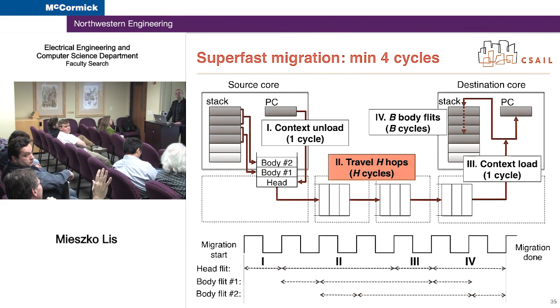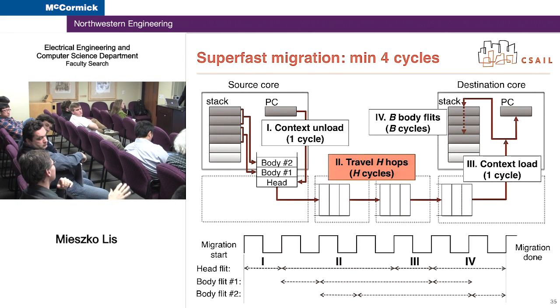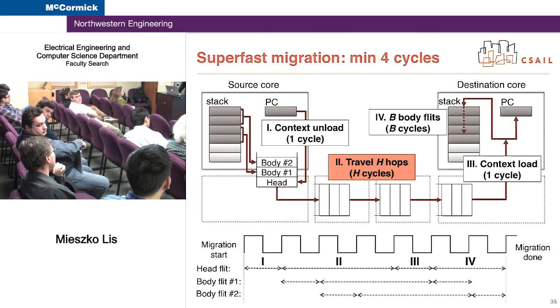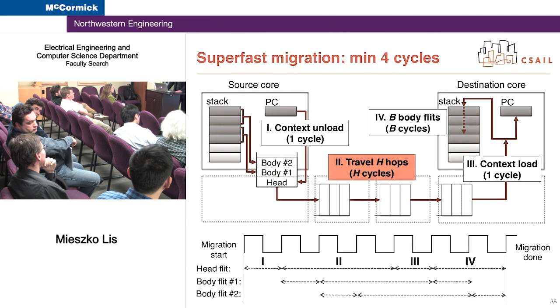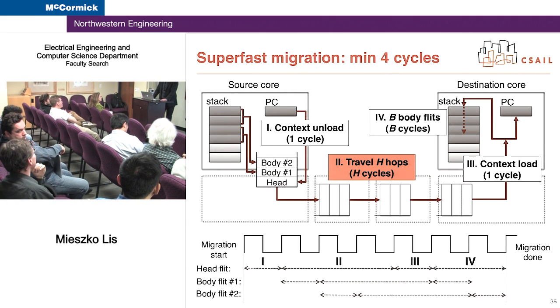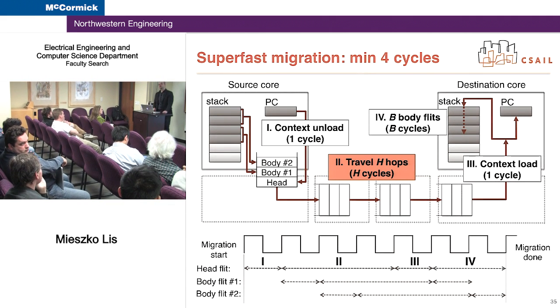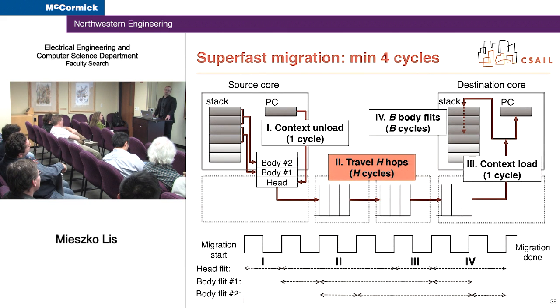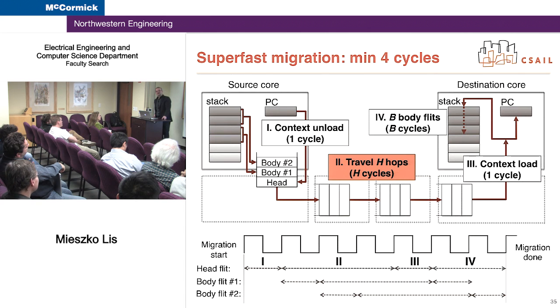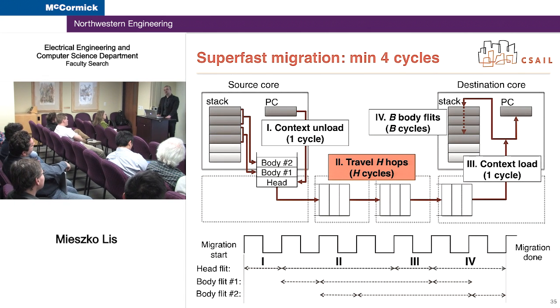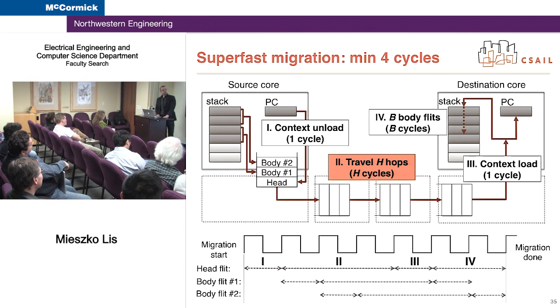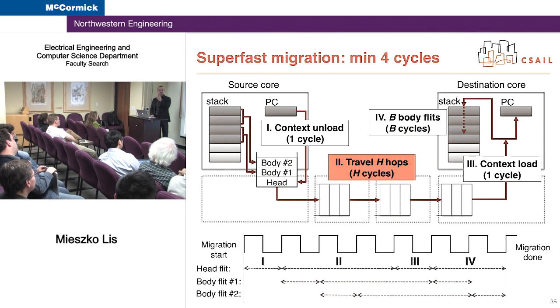Does this machine have paging? It does not. It has no virtual memory. Okay, so you're not bringing the TLB state with you. We are not. The other related question is what do you do with the instruction cache? Do you need to bring part of the instruction cache? We ran some experiments on this, and we found that basically you don't.